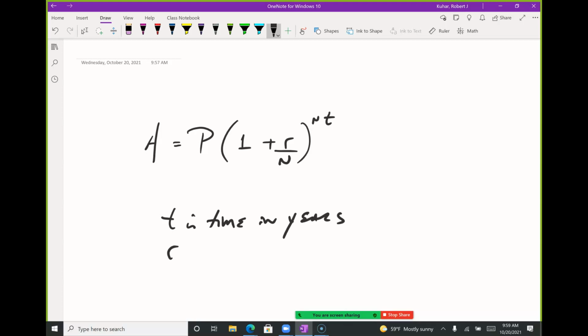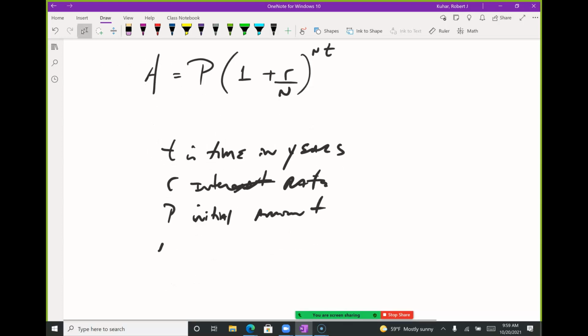R is the interest rate. P is the principal, the initial amount of money I put in, right? And n is the number of times compounded.